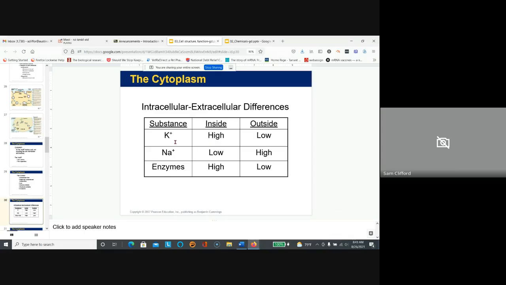I just said that the inside of the cell is high in potassium. The outside of the cell is high in sodium. This maintenance of high extracellular sodium versus high intracellular potassium is essential for the working of muscles and nerves, for instance.